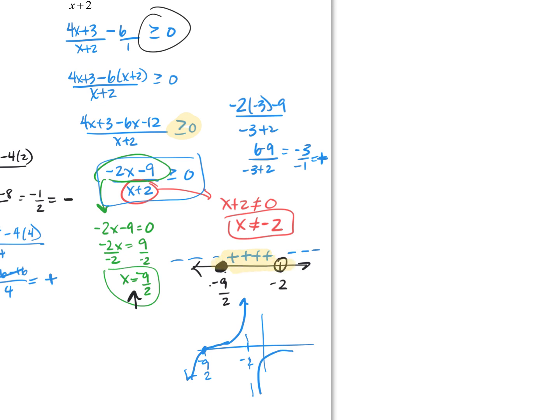Then I would write it like this: bracket negative 9/2 to negative 2 with a parenthesis. Is that okay? Yes, this is a lot of steps. We're just putting little steps together for one big question.